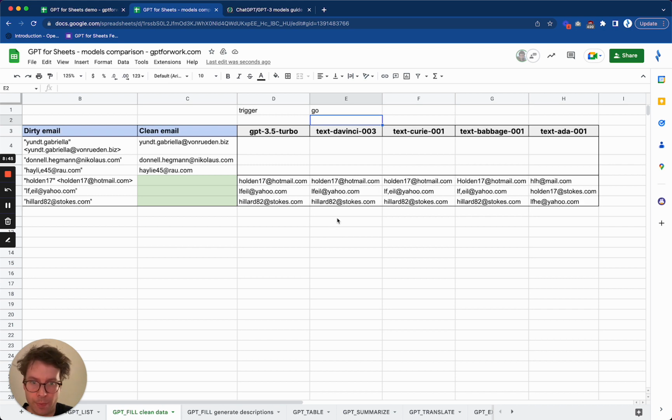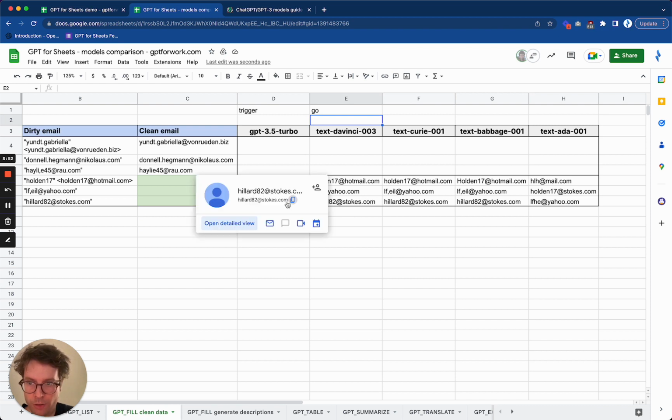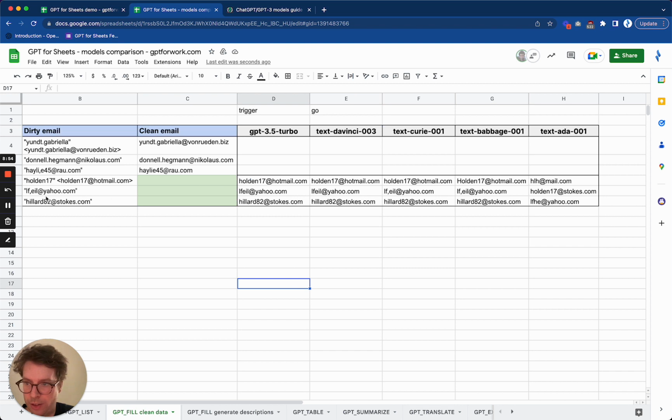Okay, so they all went super fast. GPT 3.5 Turbo got all of them correct. As you can see here, there's a comma which was removed. So this is correct. DaVinci also got everything correct. Text Curie did not remove the comma, even though there is an example here that removes the comma.